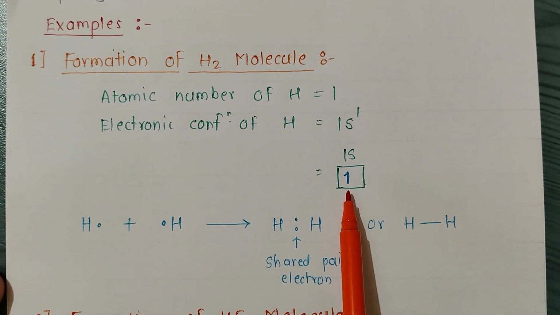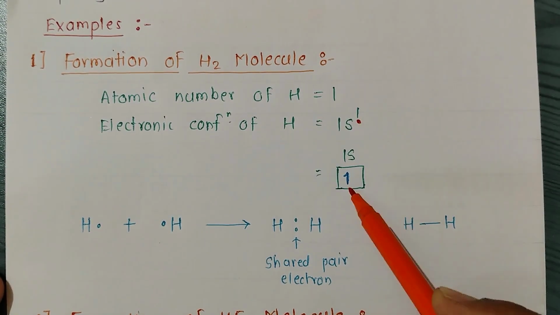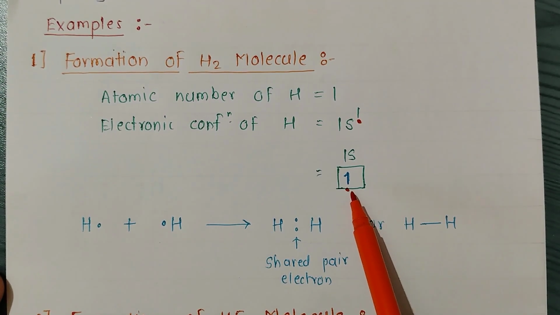Means in the 1s orbital only one electron is present. To complete this 1s orbital, hydrogen requires 2 electrons. So how does hydrogen get these 2 electrons? Because 1 electron is already present and it requires 1 more electron to complete this shell.